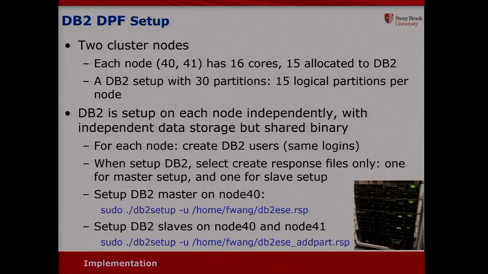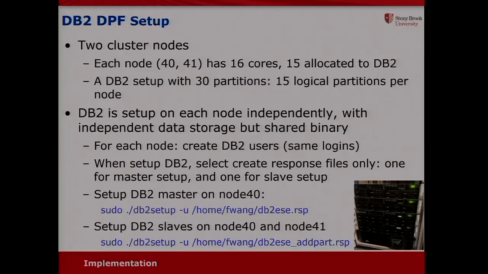And for each physical node, so here we have two physical nodes, we need to create a DB2 user and set up DB2. So we need to have two kinds of setup. One is for the master node. The master node is different from the slave nodes, so you have to have separate setups for the master partition and slave partitions.